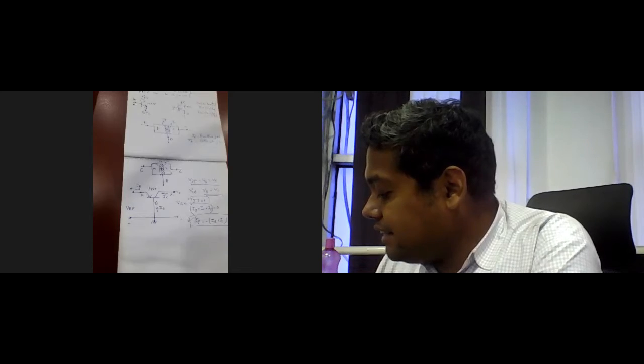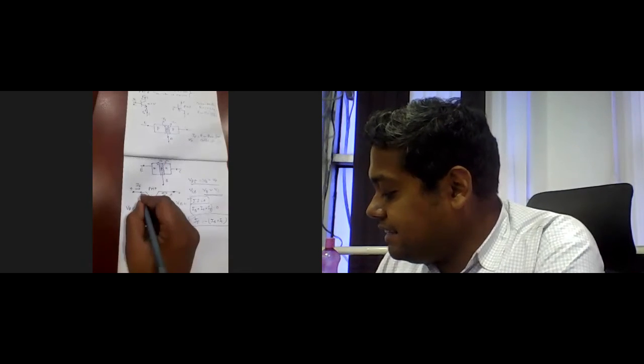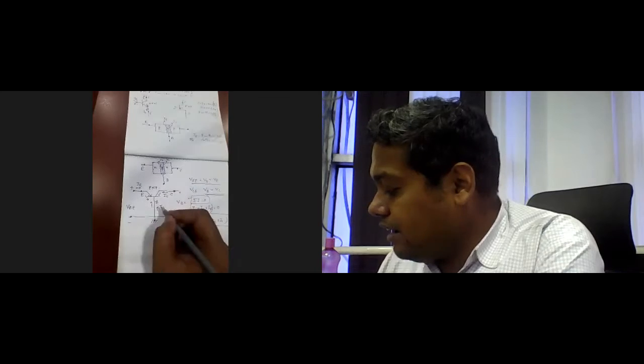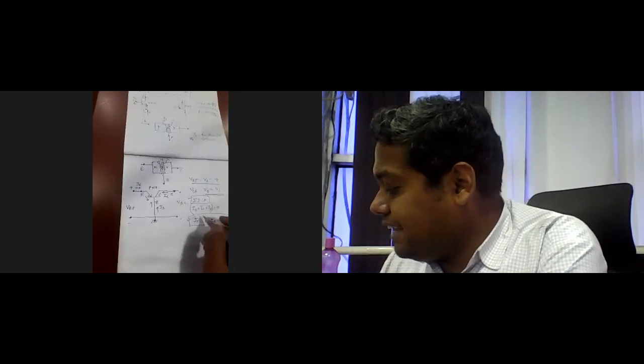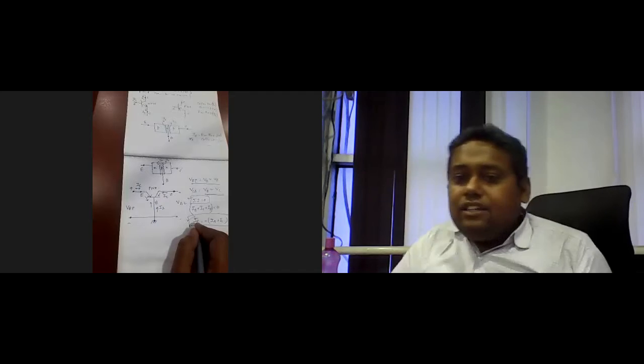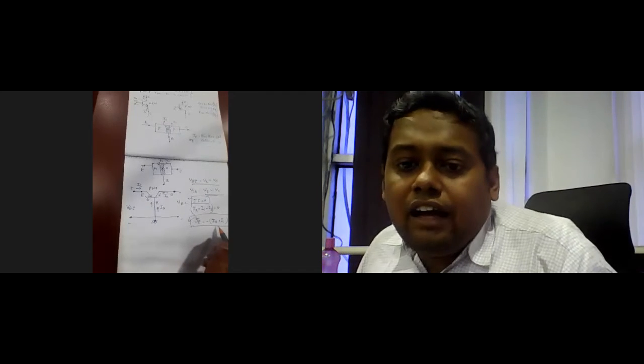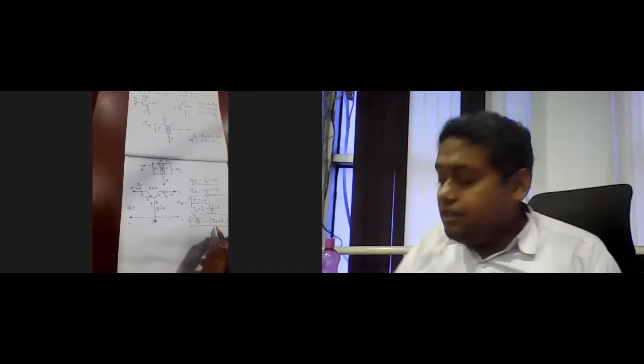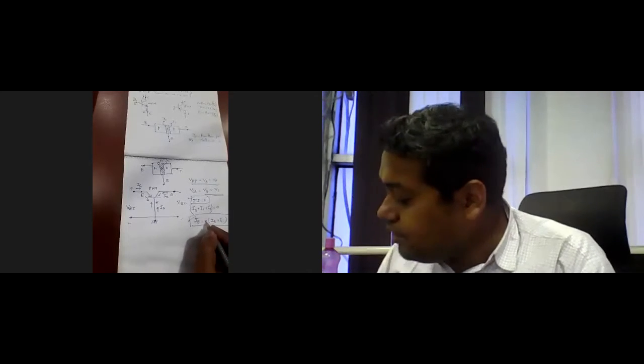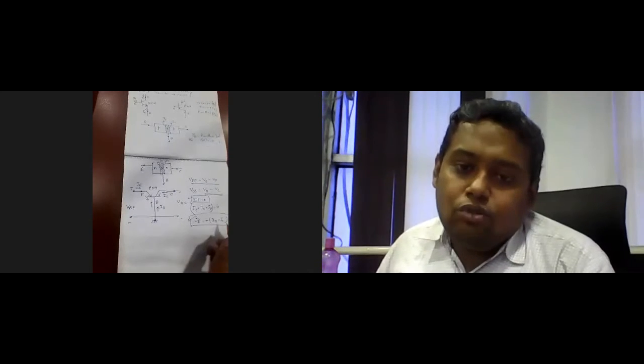This current direction is on this side, this current direction is on this side, and this current direction is on that side. So all currents are opposite to each other. The value of the emitter current IE depends on the algebraic summation of the base current and collector current, but the direction is opposite. That is why we apply the minus. So the summation IB plus IE plus IC is equal to 0.